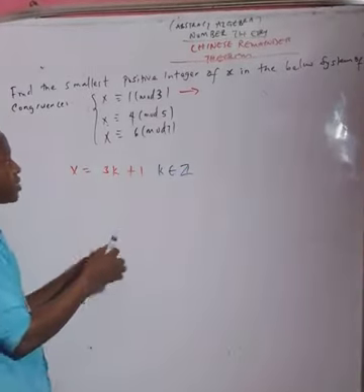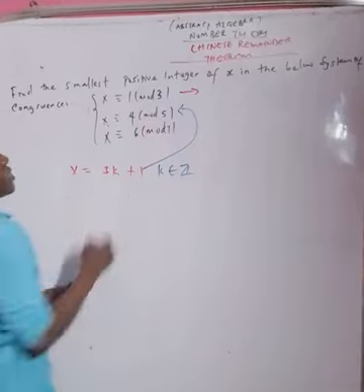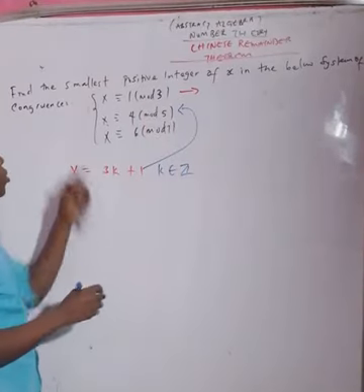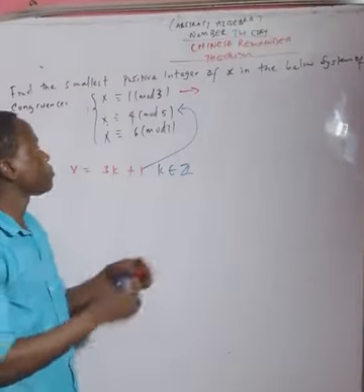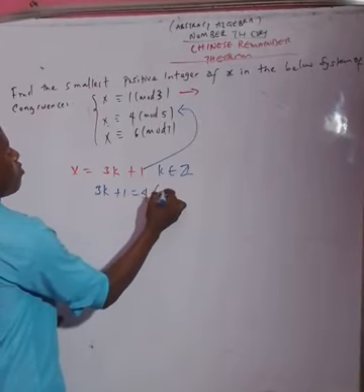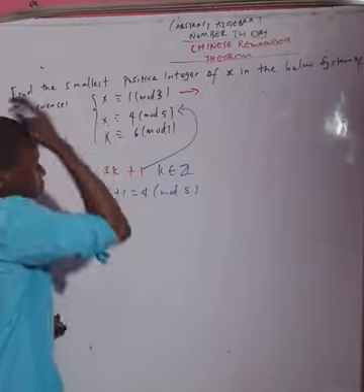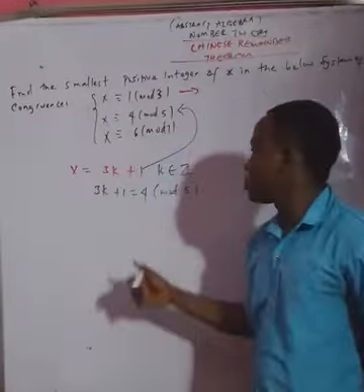So what we're going to do next is substitute 3k plus 1 into the second equation as x. So instead of writing x, we write 3k plus 1, giving 3k plus 1 congruent to 4 mod 5. Now we subtract 1 from both sides.